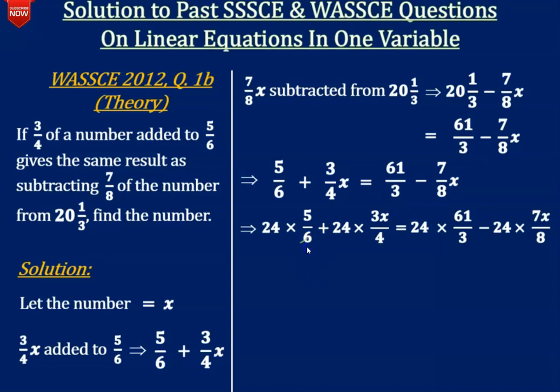6 goes into 24 4 times, and 4 times 5 is 20. Again, 4 goes into 24 6 times, and 6 times 3x is 18x. On the right hand side, we have 3 into 24 to be 8, and 8 times 61 to be 488.